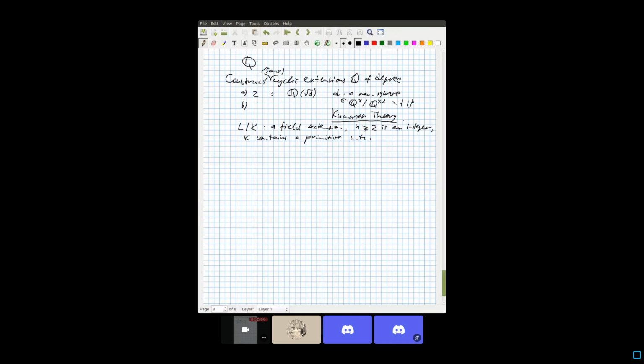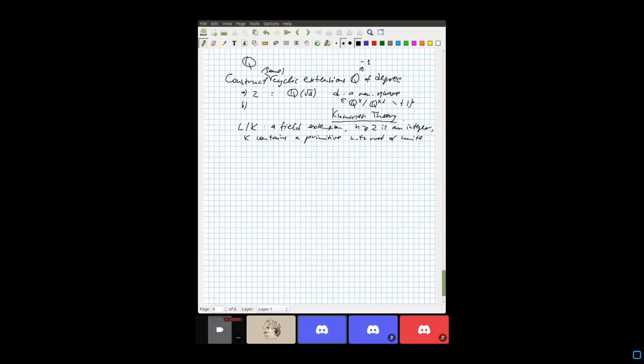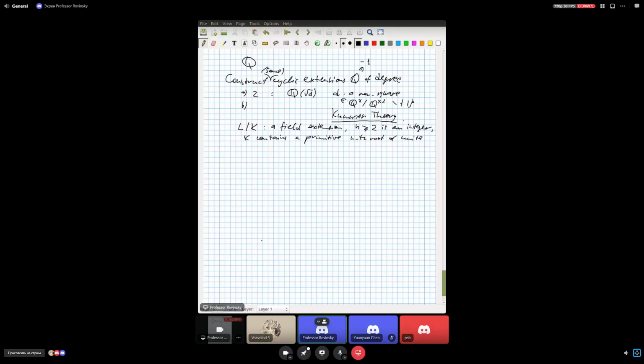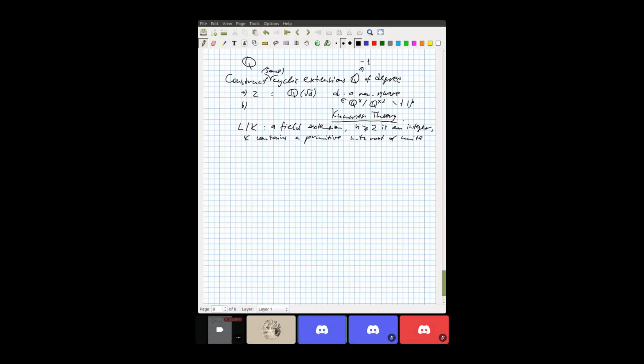For instance, Q contains the second primitive root of unity, which is -1. So when n is 2, then the only condition is that our characteristic is not 2. Sorry, I'm writing something strange: nth root of unity. Okay, that's the end of the condition.